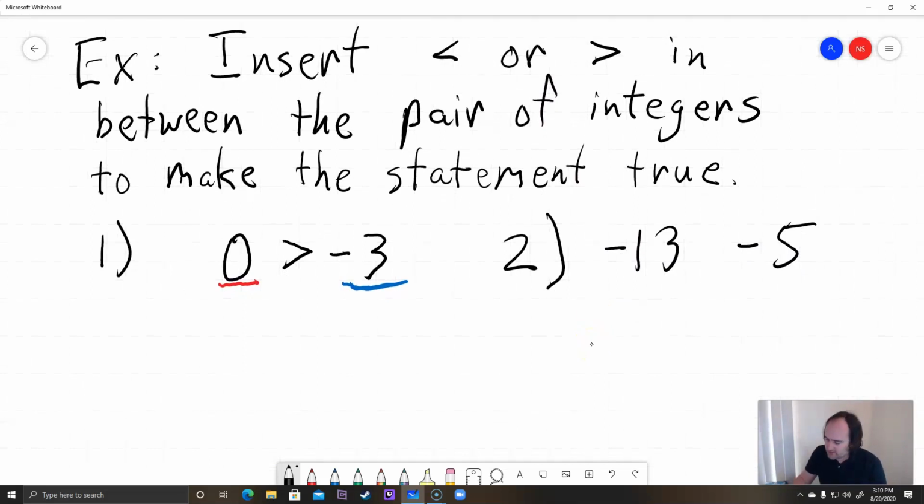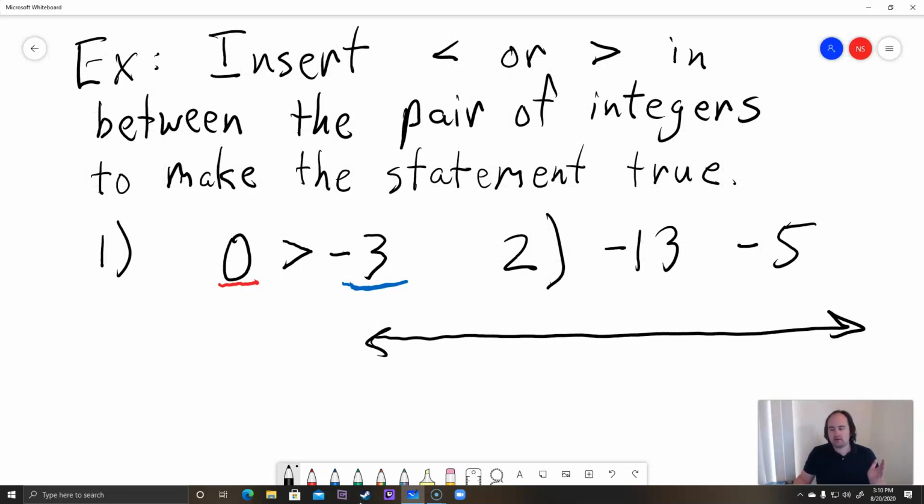Okay, and your number line doesn't have to be perfect. It just has to get the basics down. So for number 2, if I sketch a number line, rather than having to write every single number, we're just going to count in 5s. So I'm going to write 0 in the middle, and then we have -5 to the left, -10, and -15.